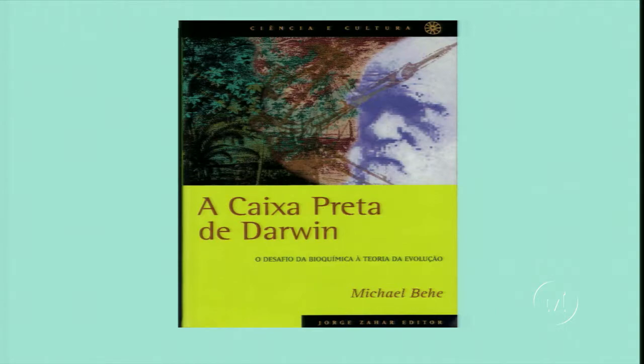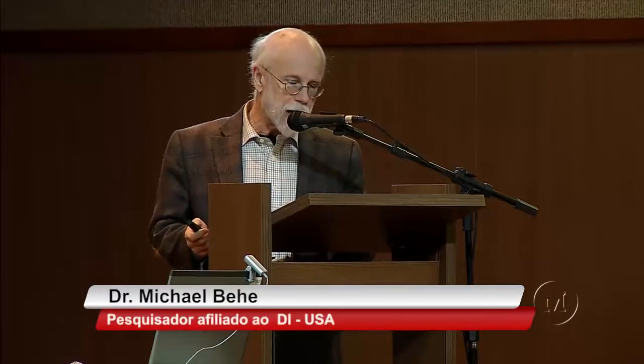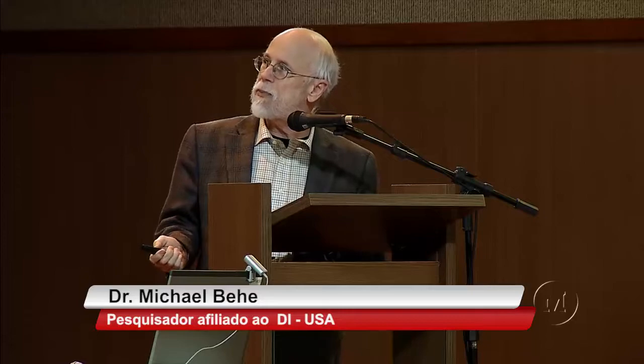But the problem has become particularly acute now that the molecular and cellular basis of life has been discovered. And the problem of systems that can't be produced in a gradual manner, I called irreducible complexity.